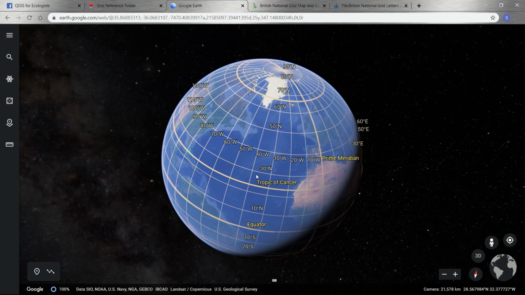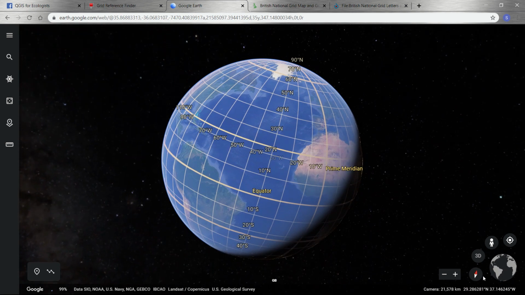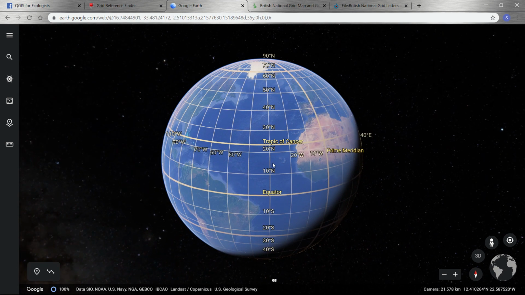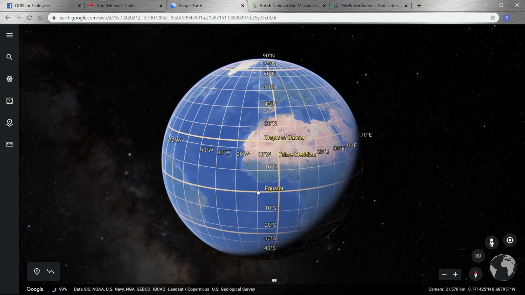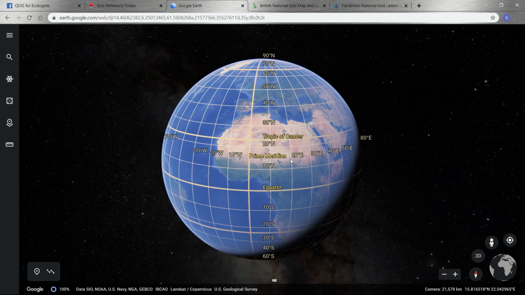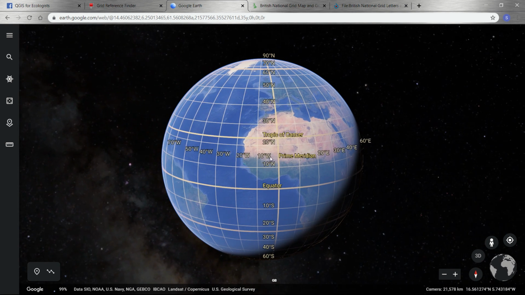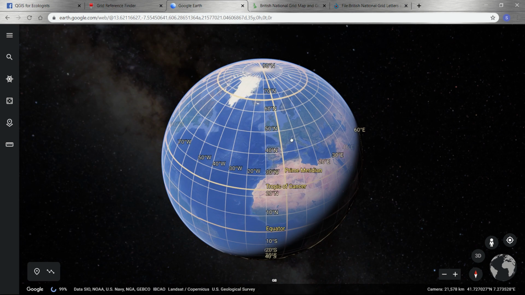Whoa, spinny. So let's just recenter. Longitude is the same. Longitude starts at the prime meridian and goes east and west in these parallel bands. Again, if you go east, you've got degrees east or positive degrees. If you go degrees west, then they can also be referred to as negative degrees.